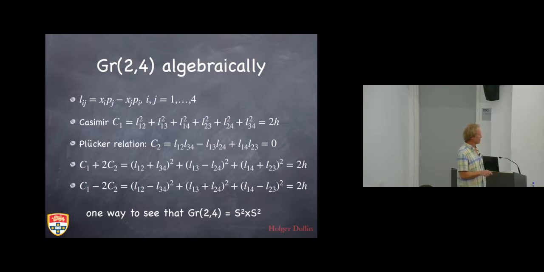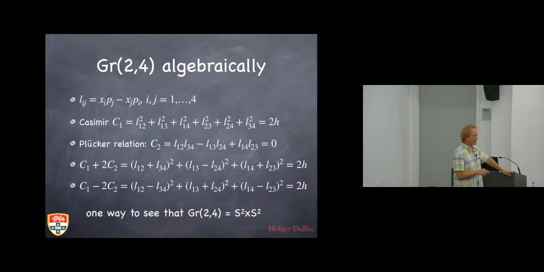Let's fix that to 2 times the value of the Hamiltonian. And the second one is this Plücker relation, that ensures that the rank is 2, if that is equal to 0. In general the Manakov top allows this to be non-zero, but I am fixing this to 0. And now just see these terms here, they want to be combined into complete squares if you add them up, right?